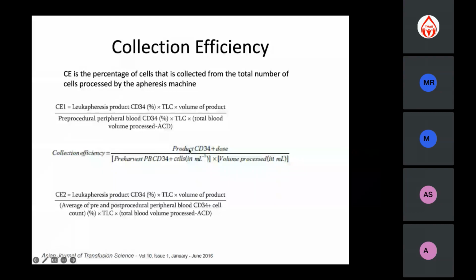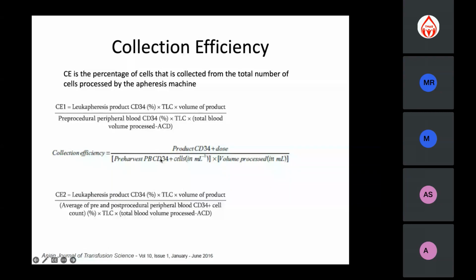The formula appears to be a little complex. It can be simplified in the next one. The collection efficiency is the CD34 cells available in the product divided by peripheral blood CD34 count times volume processed. So this formula uses only the peripheral blood CD34 count before collection.